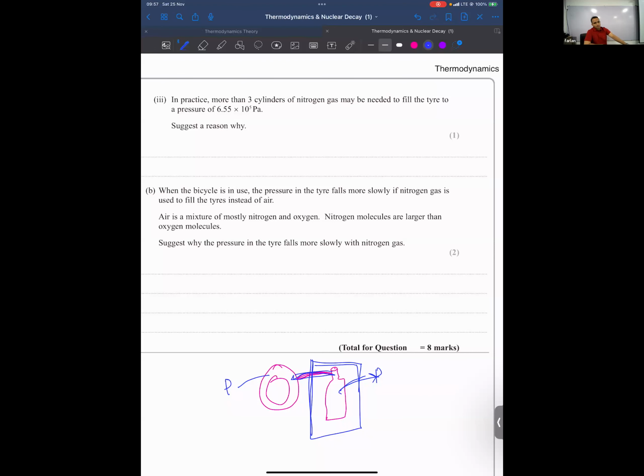All the molecules in the cylinder will not be used to inflate the tire. Some air will remain in the cylinder.